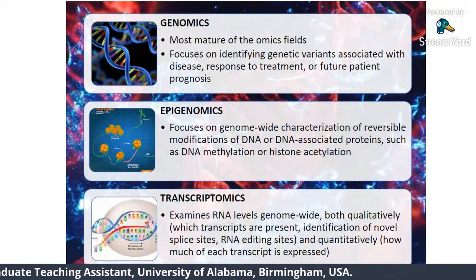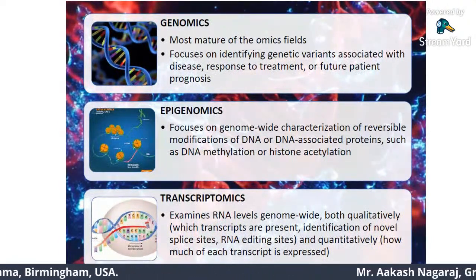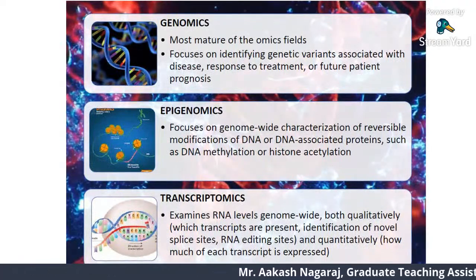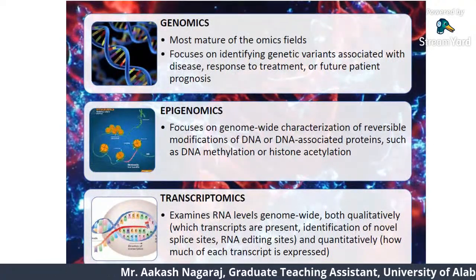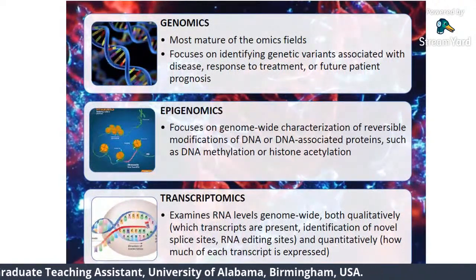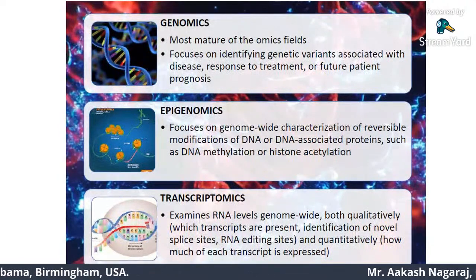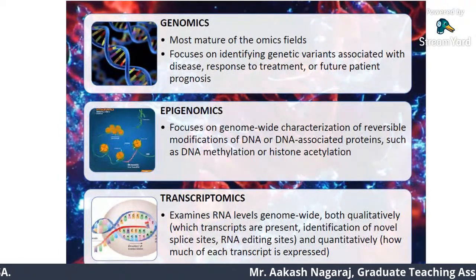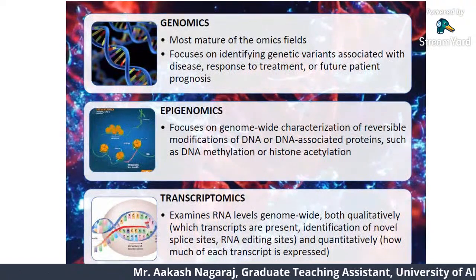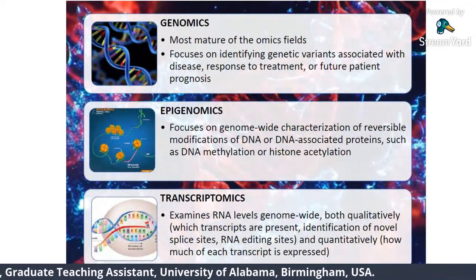So this is the addition of certain chemical groups on the surface of the DNA, and once these methyl groups or other groups are added, this changes the gene expression of the genome. Certain genes can be highly expressed, and certain genes will be turned off. It's like an on and off switch.